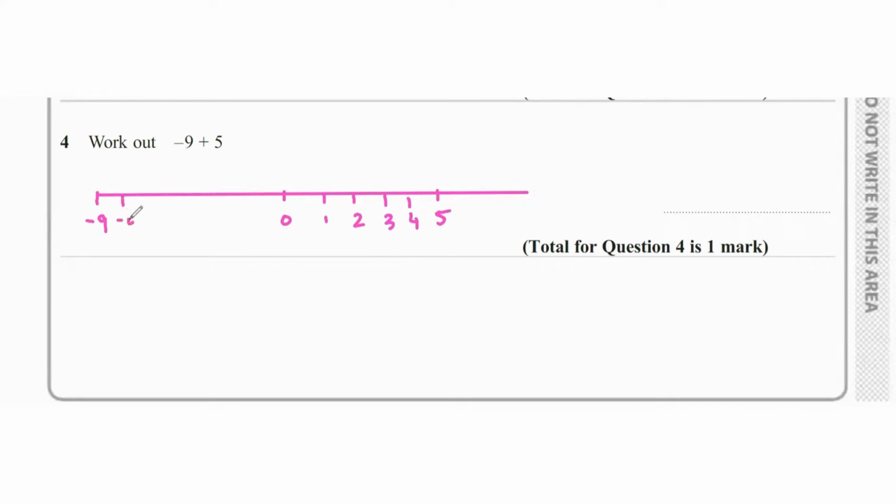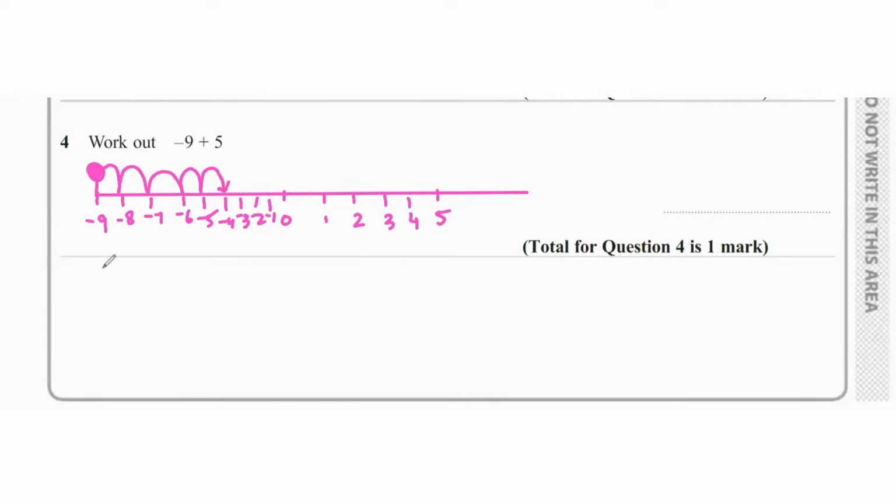So that means we have -8, -7, -6, -5, -4, -3, -2, -1. So -9, let's put that over here. We're adding 5, which means we're going 1, 2, 3, 4, 5 units to the right side.